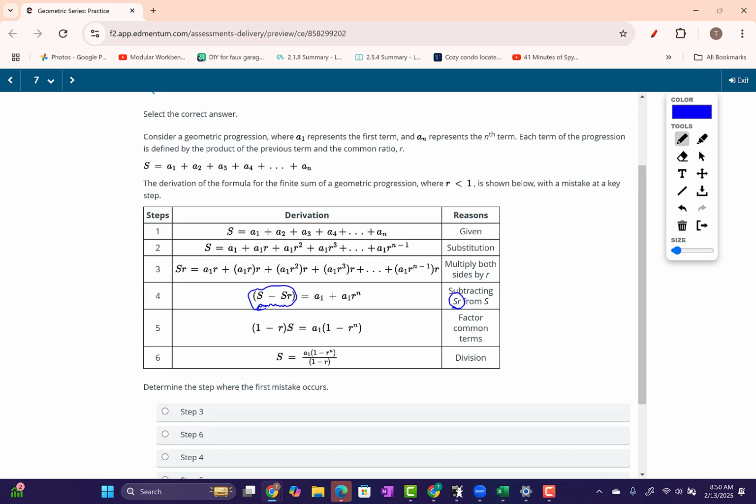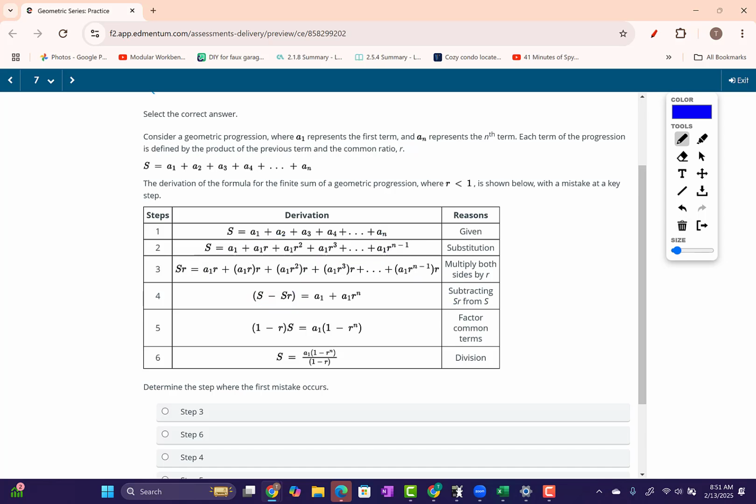So it should be S minus SR in this problem. So that means we're basically taking all of this in step 2 because this is S, and subtracting from it, we're taking all of this because this represents SR. Taking all of this in step 3 and subtracting it from step 2.